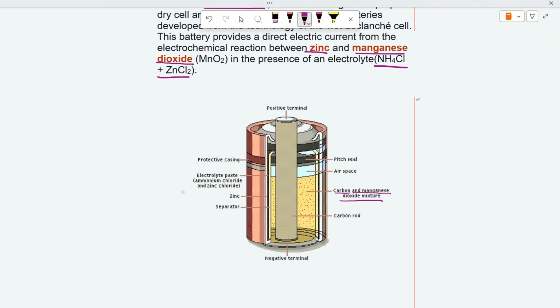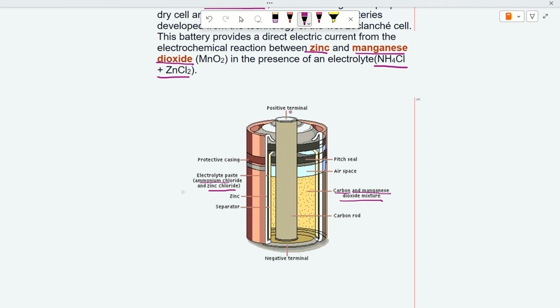And zinc, that is actually the vessel, is made up of zinc, and within it you will have this carbon rod at the center with the carbon and manganese dioxide as a mixture, and the electrolyte is given here, a mixture of ammonium chloride and zinc chloride. Okay, there is an airspace, and this is all regarding the design.